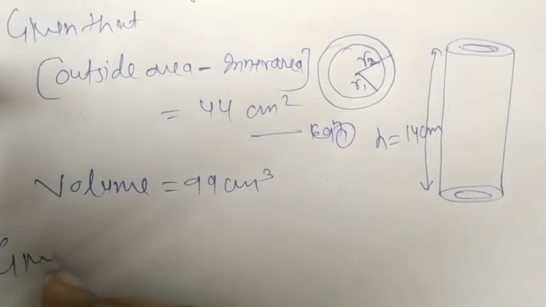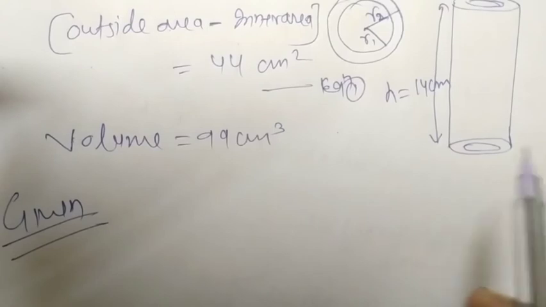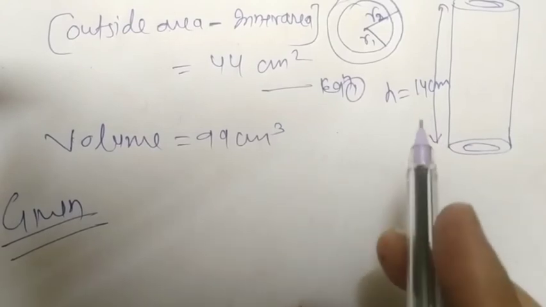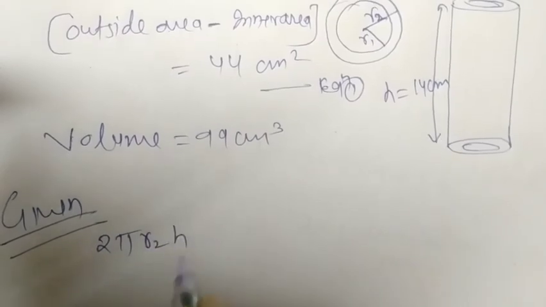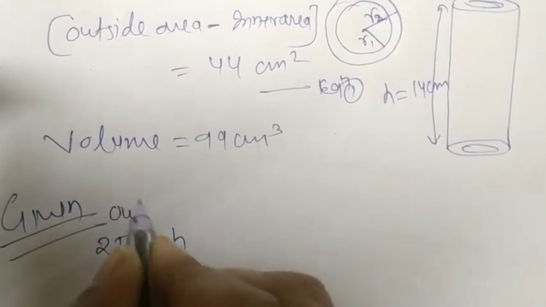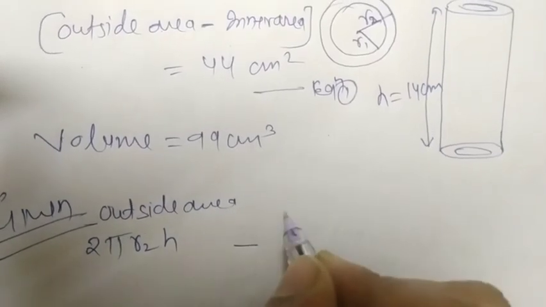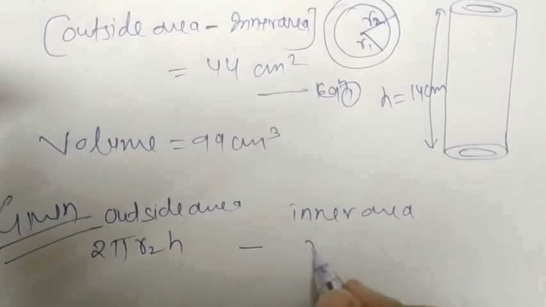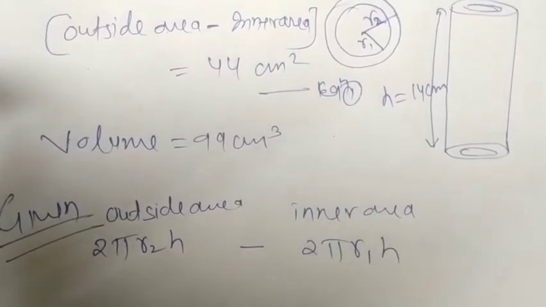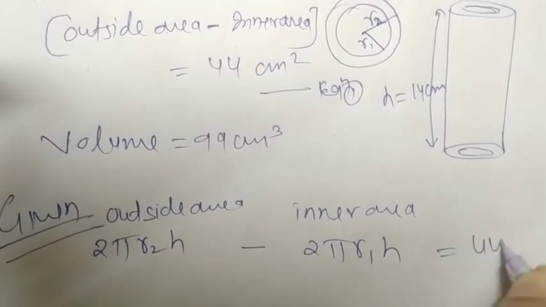So outside area will be, since the outside radius is R2, 2 pi R2 h, minus inner area, that will be 2 pi R1 h. Height is the same, obviously, and it will be equal to 44 centimeter square.